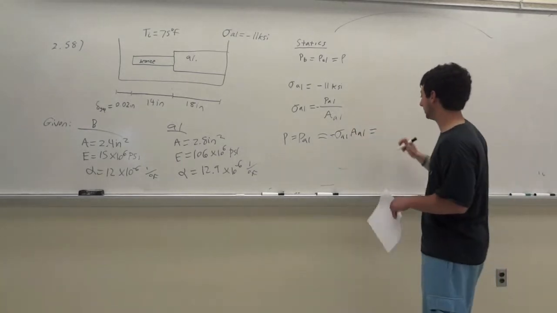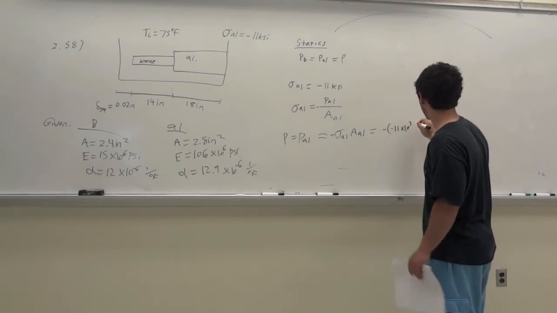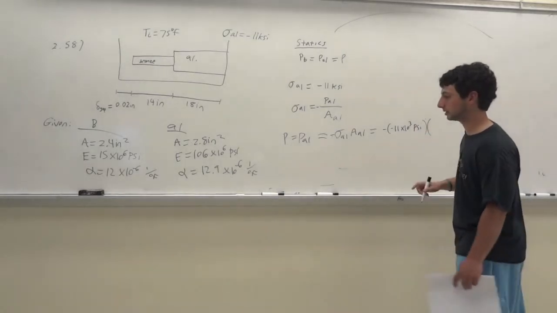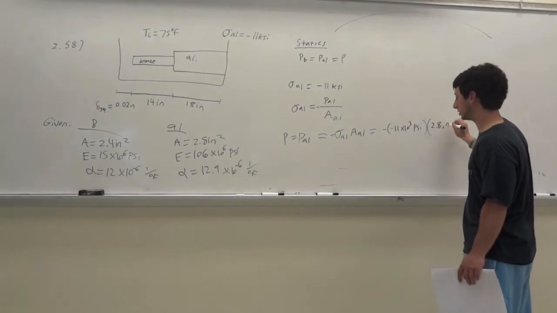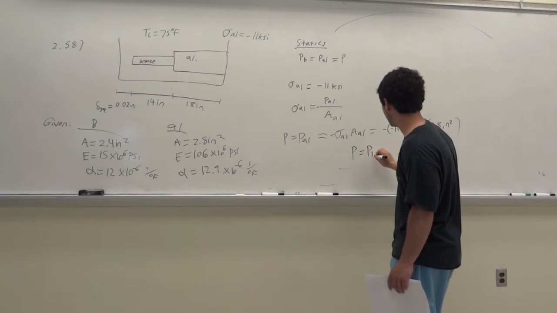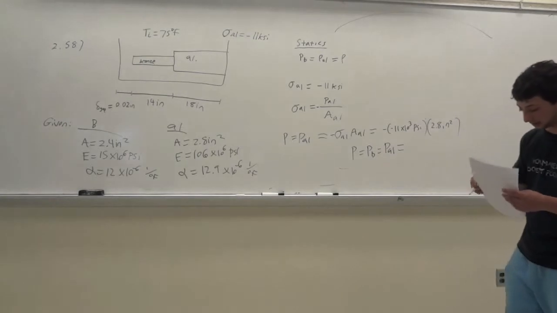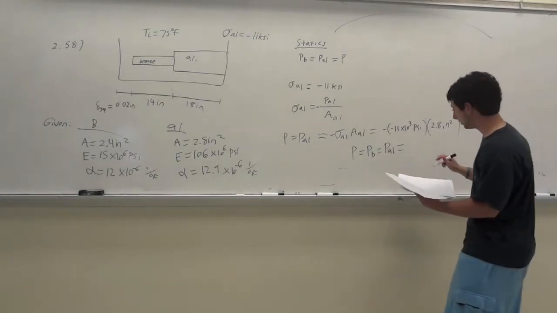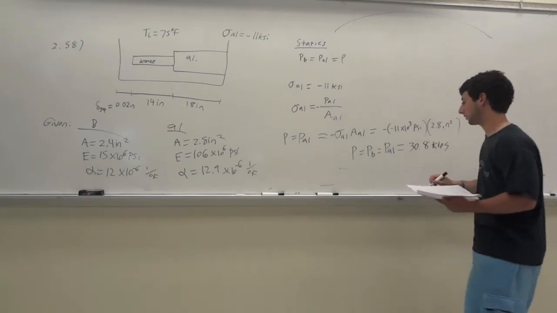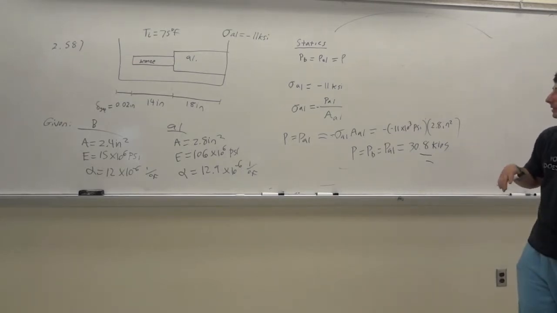So this force you get is minus times a minus 11 times 10 to the third psi, multiplied by its cross-sectional area, which they give you as 2.8 inches squared. So the force you get, P, which is equal to P_B, which is equal to P_AL, is equal to, let me give you that value. It's 30.8 kips.